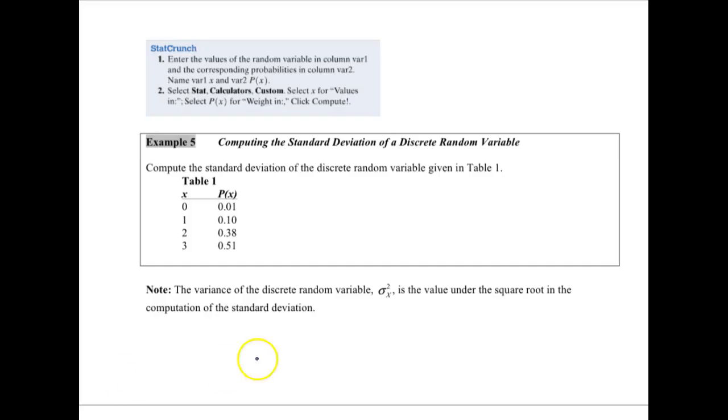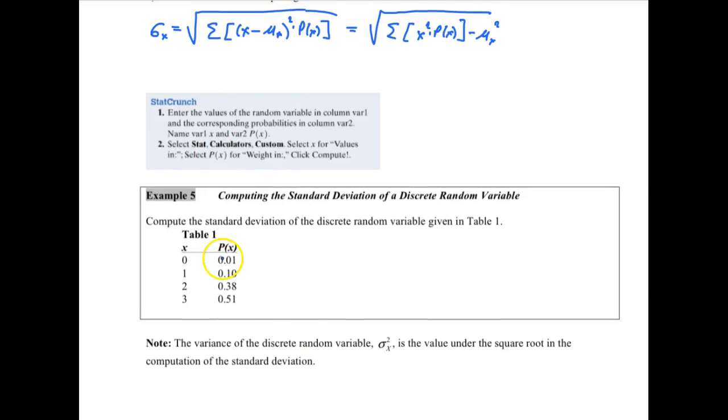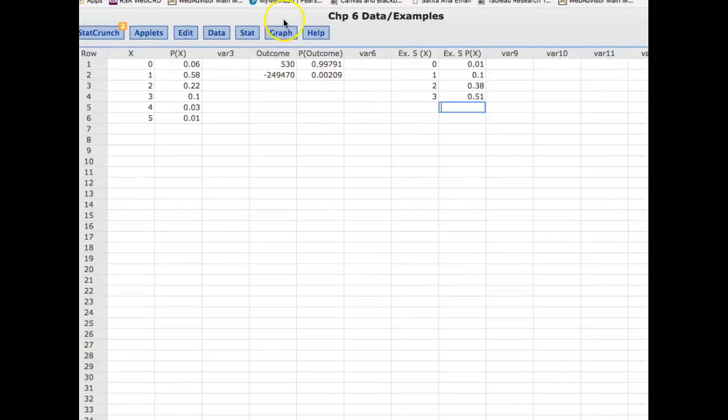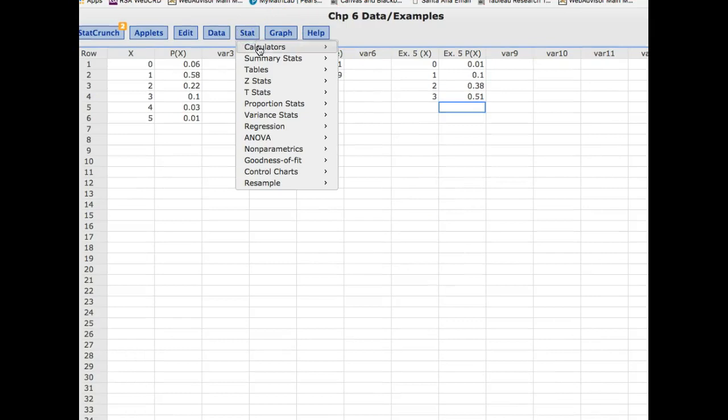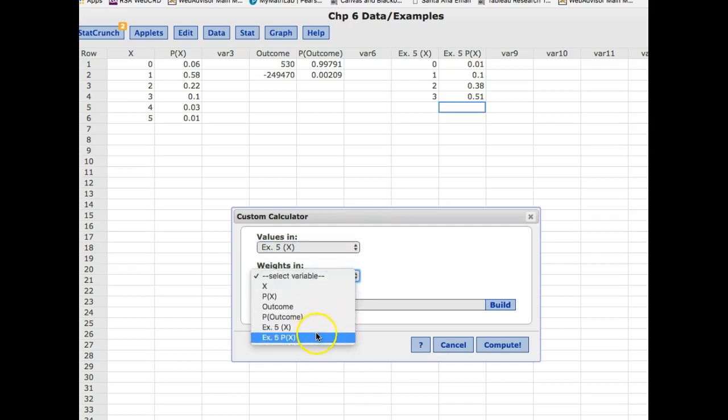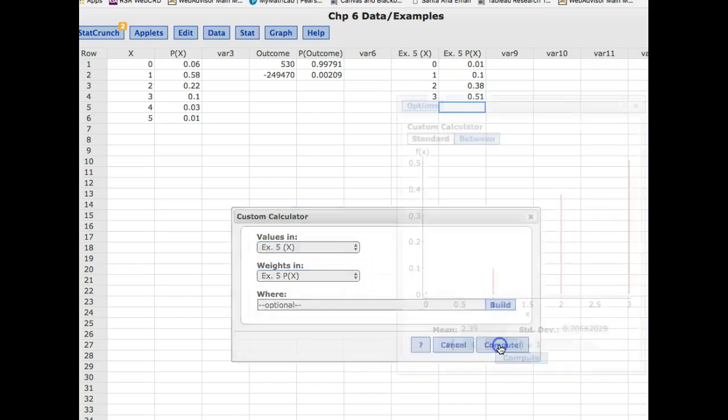After the information's in a table, which you're entering now, stat, calculators, custom, we go ahead and do what we had been doing. Stat, calculators, custom, the example 5, the probabilities, example 5 there, and just compute.